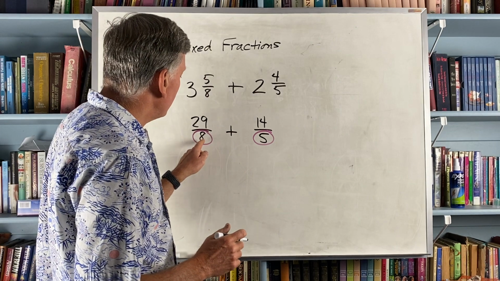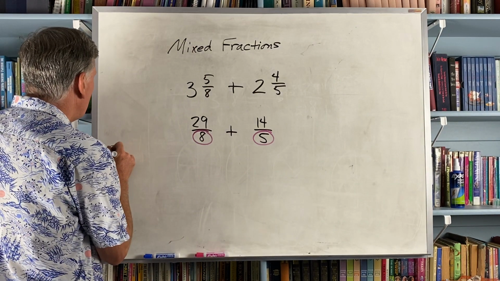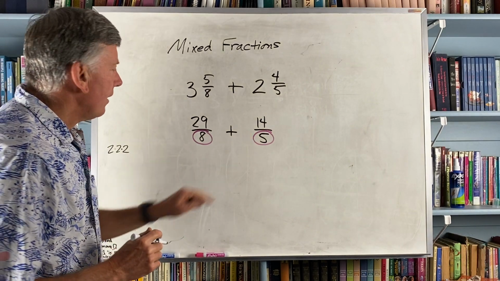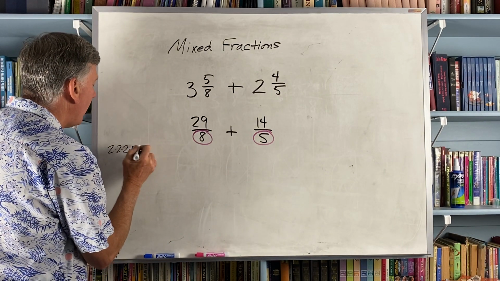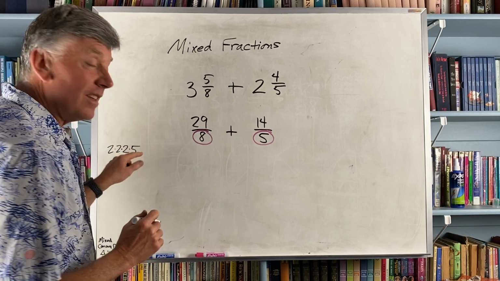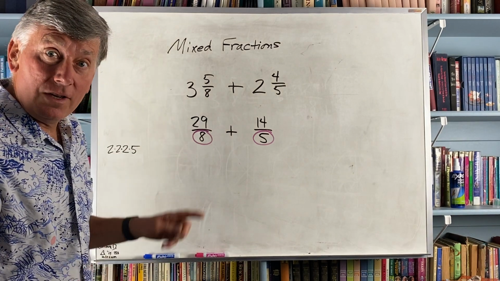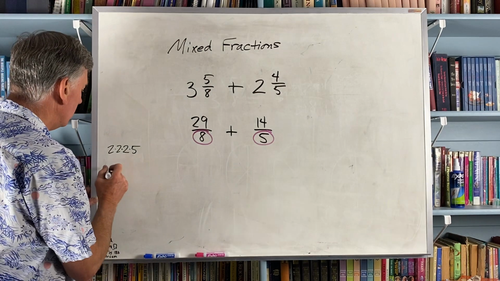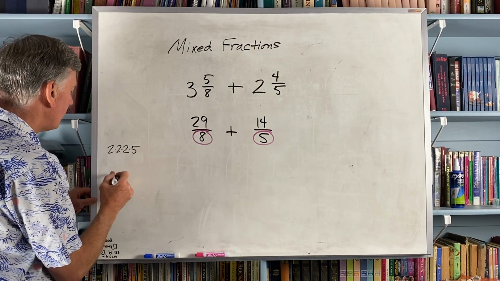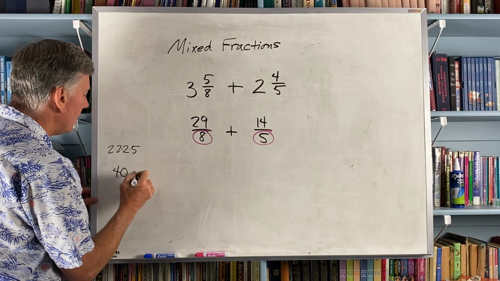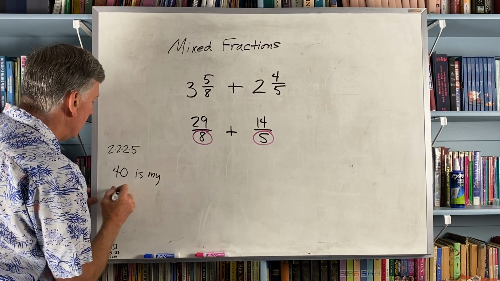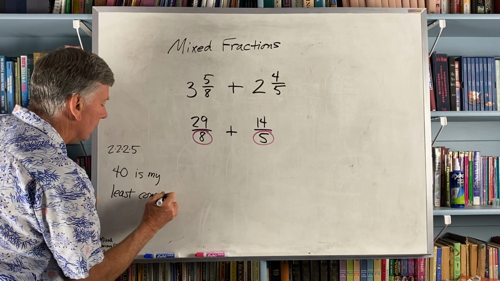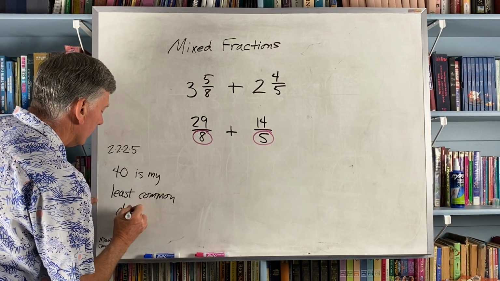First of all, I think, well, let's see, 8, that's 2 times 2 times 2. 5 over here is a 5. If I multiply these prime numbers together, I'm going to get my least common denominator. 2 times 2 times 2 times 5 is 40, is my least common denominator.